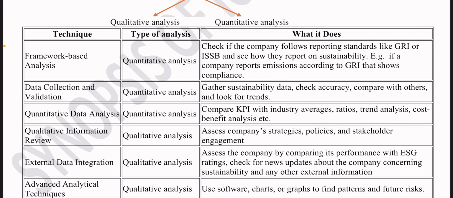For instance, IAS 2 talks about inventory, and it says inventory should be measured at the lower of cost or net realizable value. You understand? Something like that. So these standards also have their own guidelines and principles.